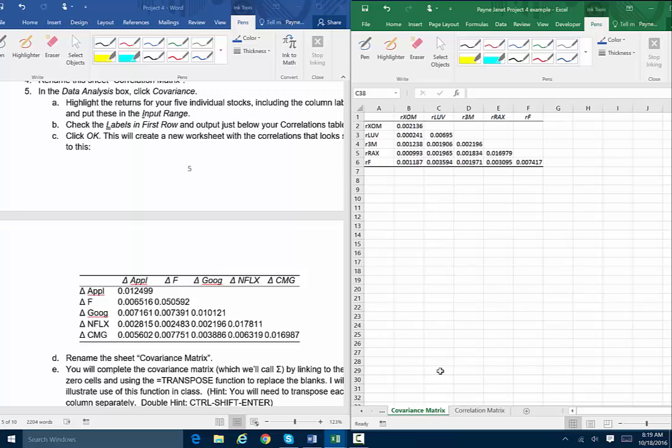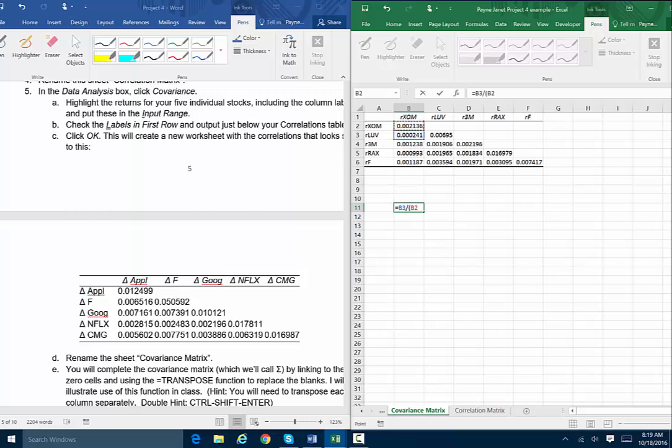The correlation is the covariance of Love with ExxonMobil divided by the standard deviation of ExxonMobil times the standard deviation of Love. So we can prove that to ourselves. It's equal to the covariance of Love with ExxonMobil divided by the standard deviation of ExxonMobil.